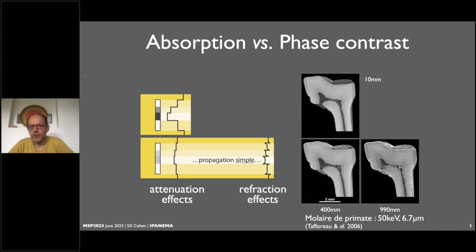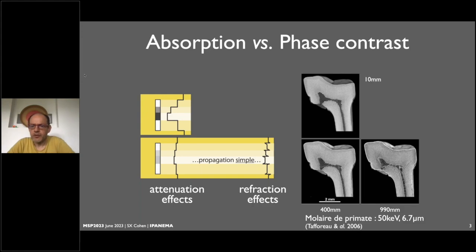As you go away from this, you start having stronger contrast on the edge of the materials. Okay, so it's easier to see the limits, the interface between different materials.